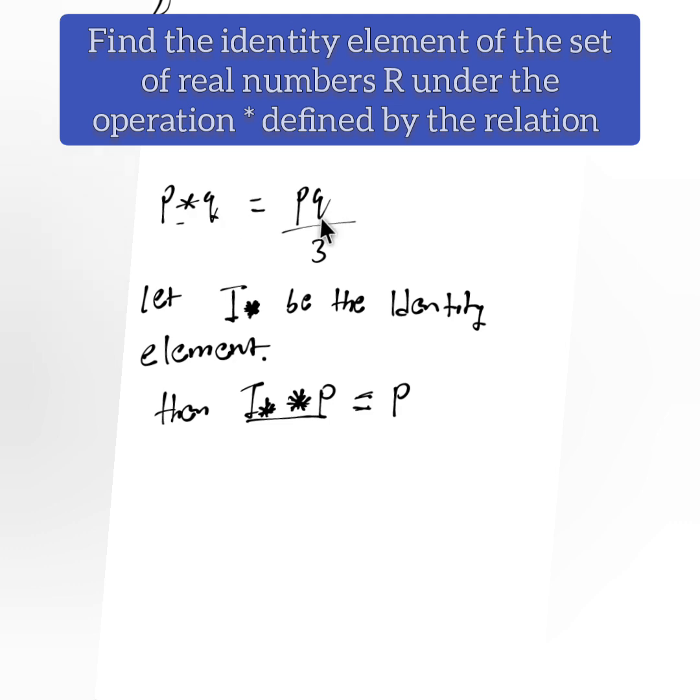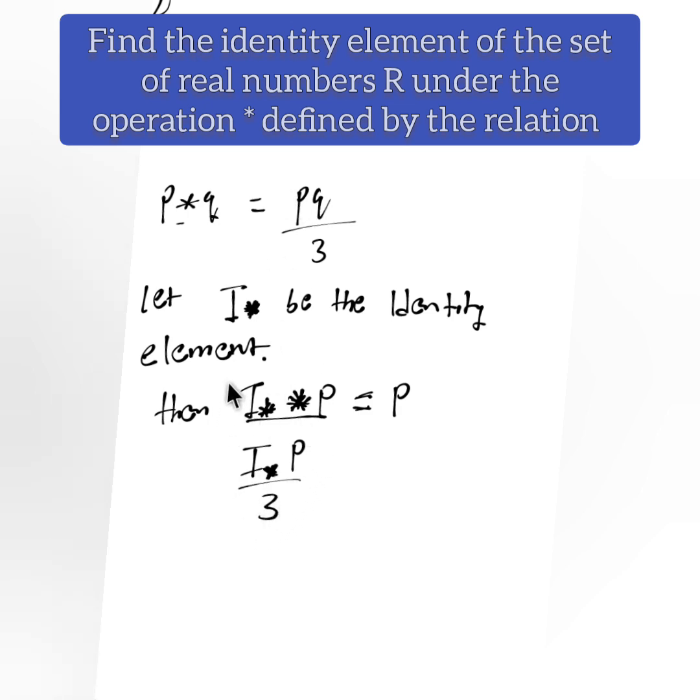So if this is true, now this operation is the same as this and gives us the product of both of them divided by 3. So if I were to solve this, it will be I star times P, the product of them both, divided by 3.